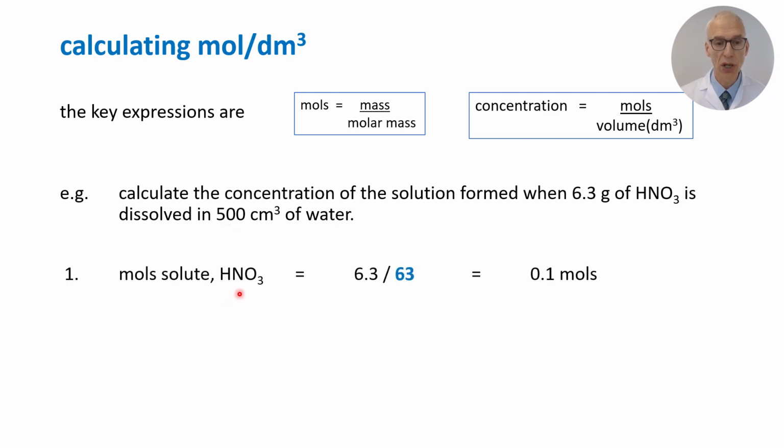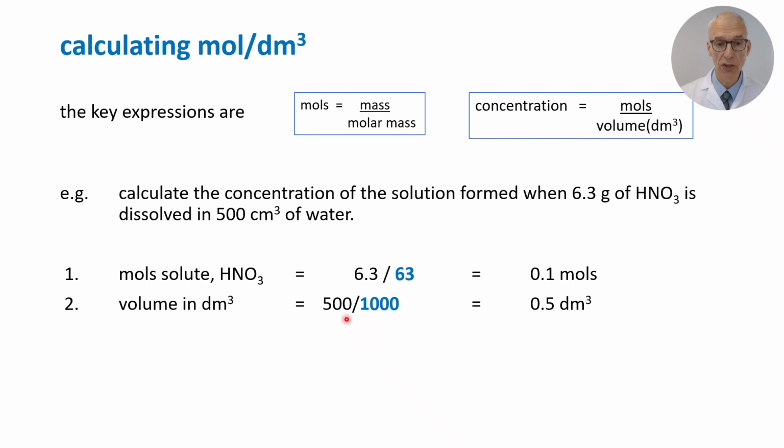The moles of solute would be 6.3 divided by 63, which is the molar mass of hydrogen nitrate. 1, 14, and 3 times 16 comes to 63. So we have 0.1 moles. But we also need to convert the volume, 500 centimeters cubed, into decimeters cubed.